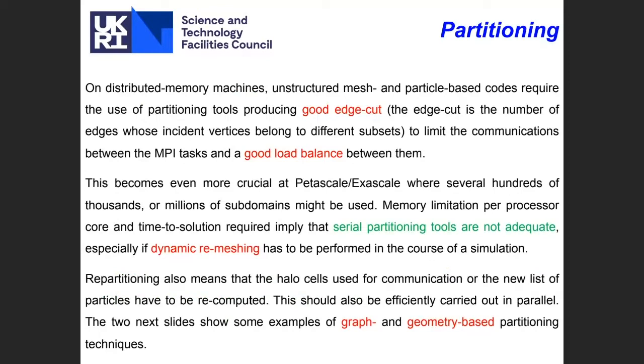So now that we've got the mesh, or ways to get the mesh, we need to distribute this mesh over the different cores, because these cores have a distributed memory. So basically, the principle of partitioning is to try to get the best subdivision into subdomains, so have an equal work per subdomain, which is called load balance.